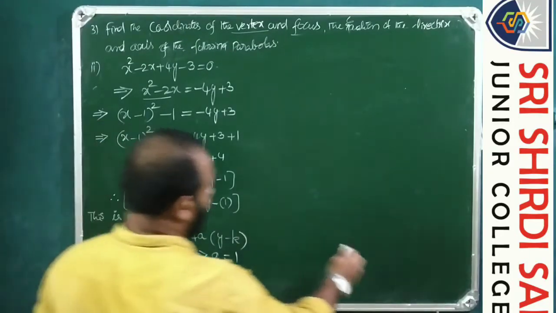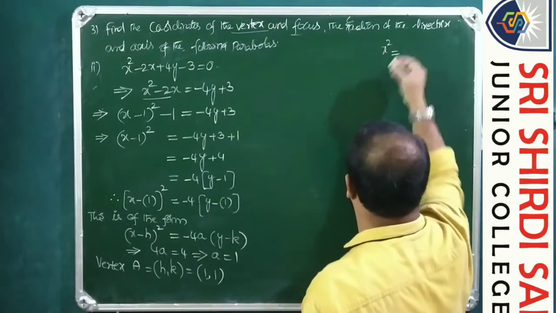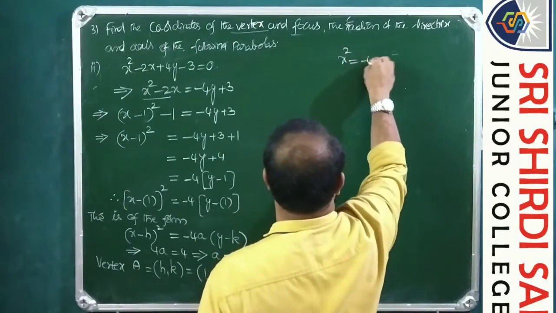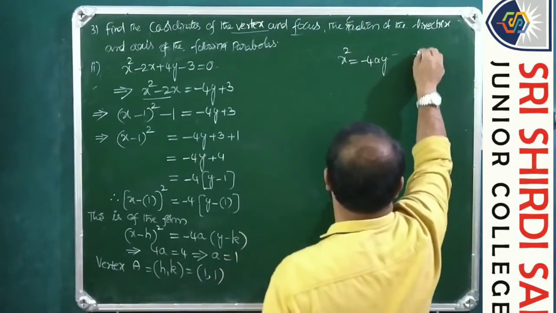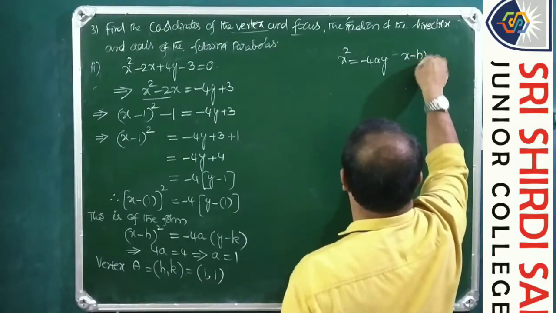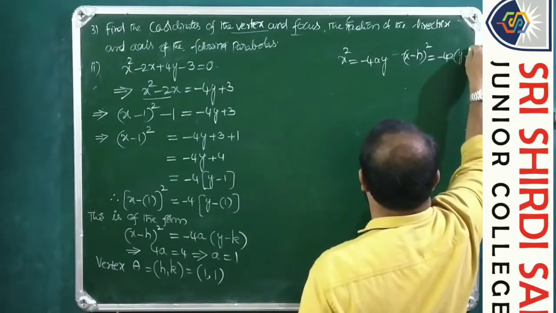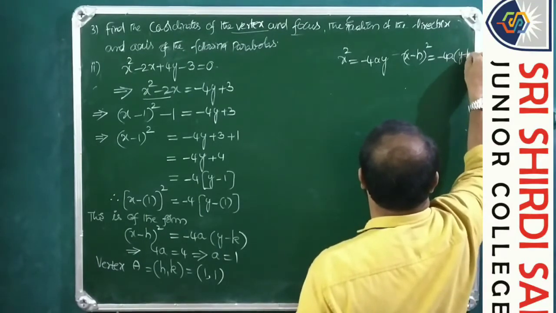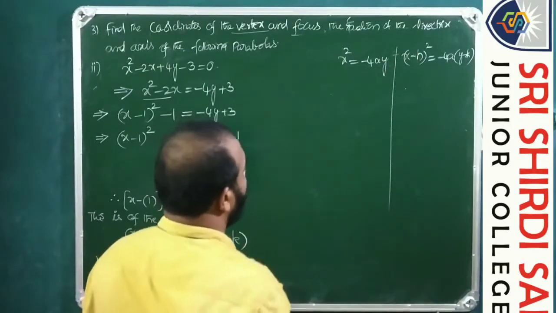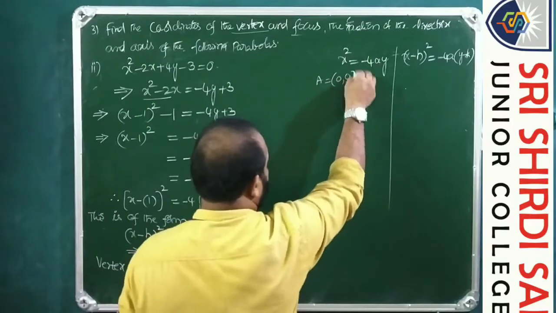Now let us compare x square equals minus 4ay with (x minus h) whole square equals minus 4a into (y minus k). For this, the vertex A is (0, 0).